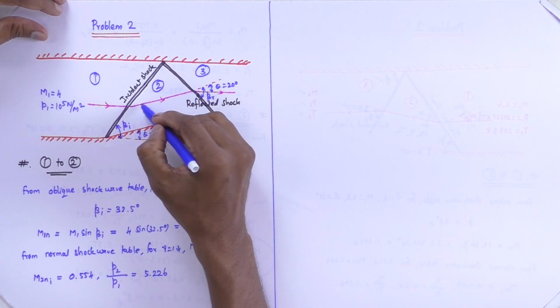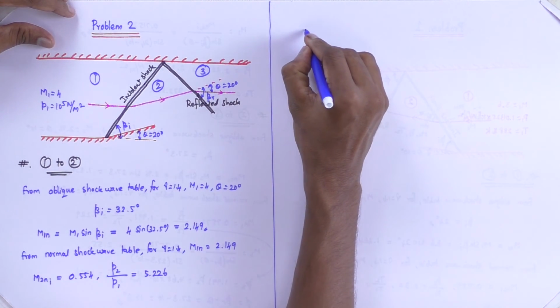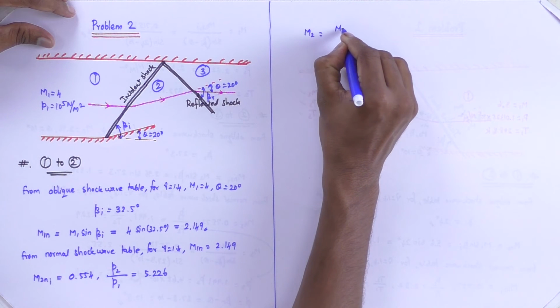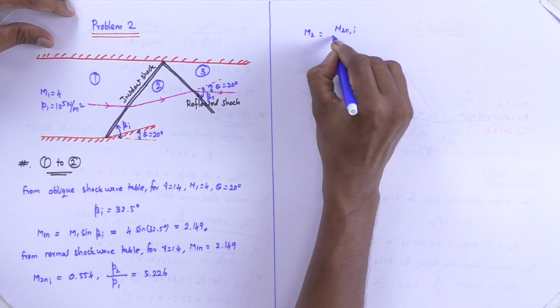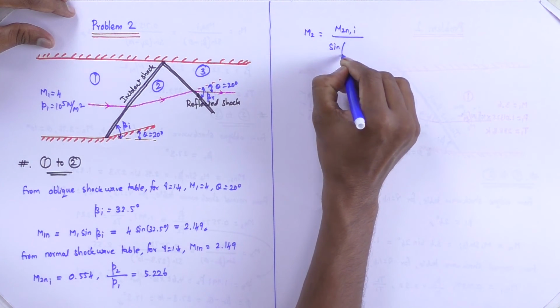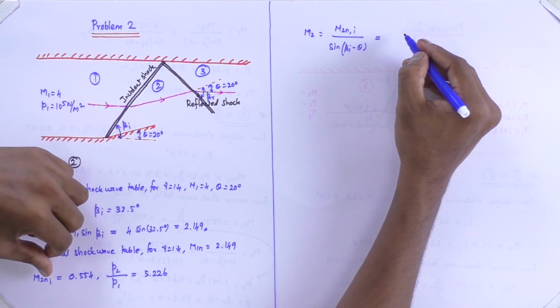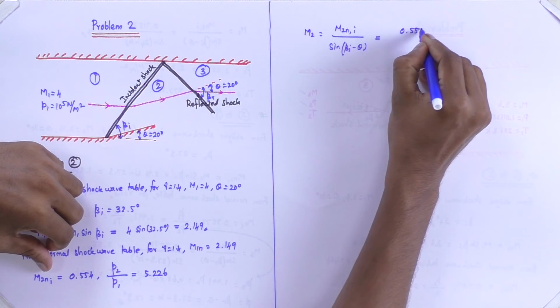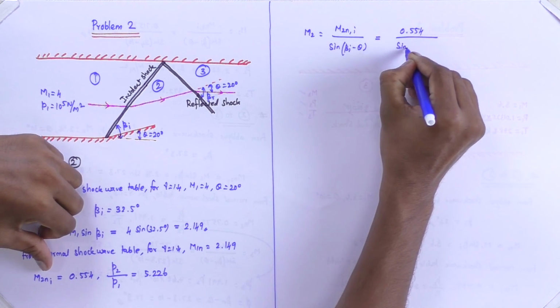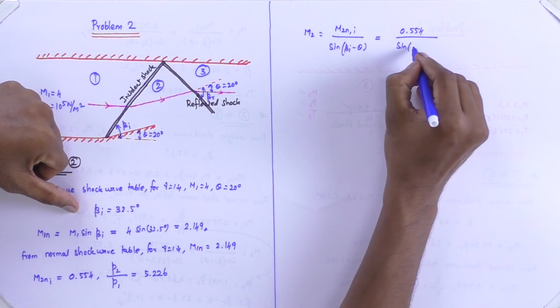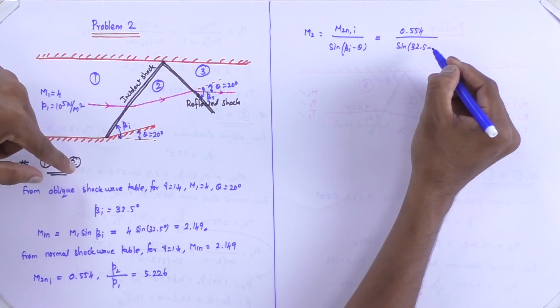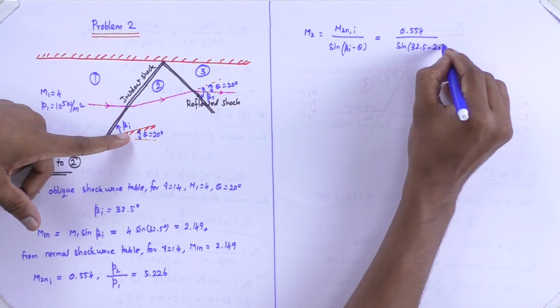Then from the downstream triangle, you can say M2 is equal to M2n I divided by sine of beta I minus theta. So M2n I is 0.554 divided by sine of the incident shock wave angle 32.5 degree minus the flow turning angle 20 degree.